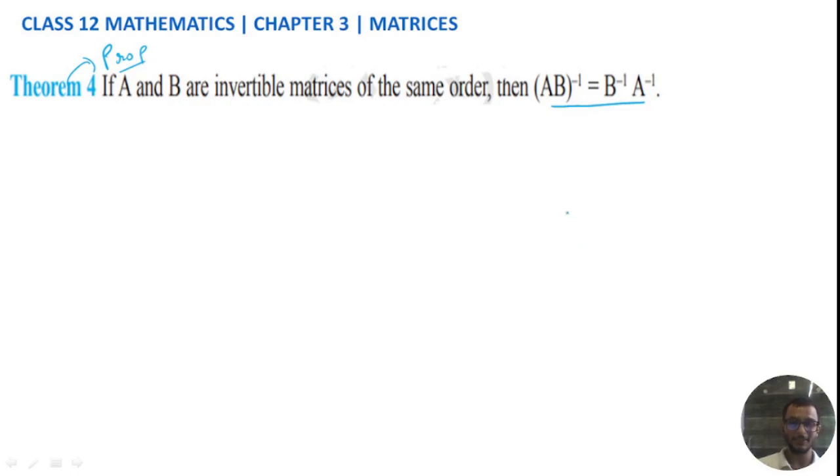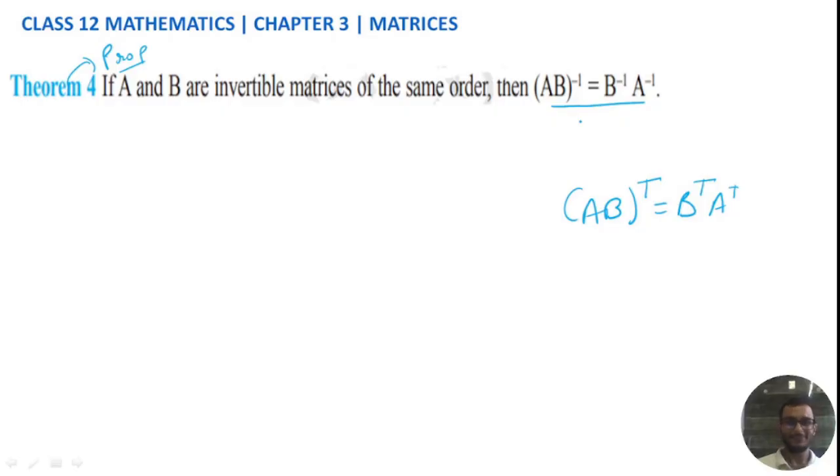What was that? It was of transpose, that AB transpose is the same as B transpose A transpose. Reverse law holds here, right? The same reverse law holds in inverse also, that AB whole inverse is the same as B inverse A inverse. That is what this theorem is. Okay, so that's it for the content of this chapter.